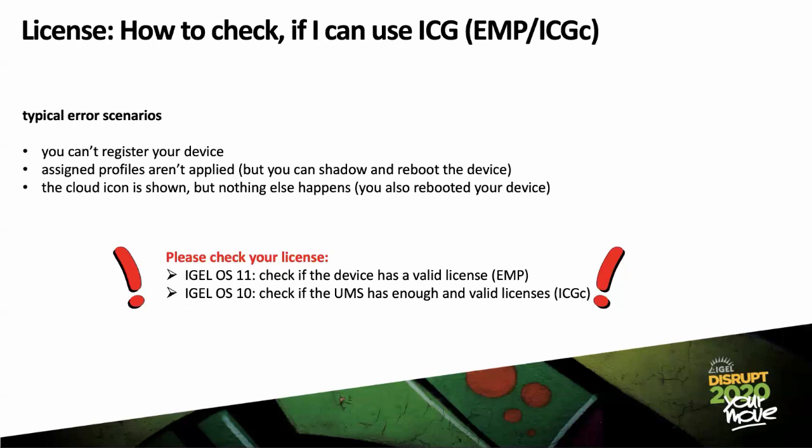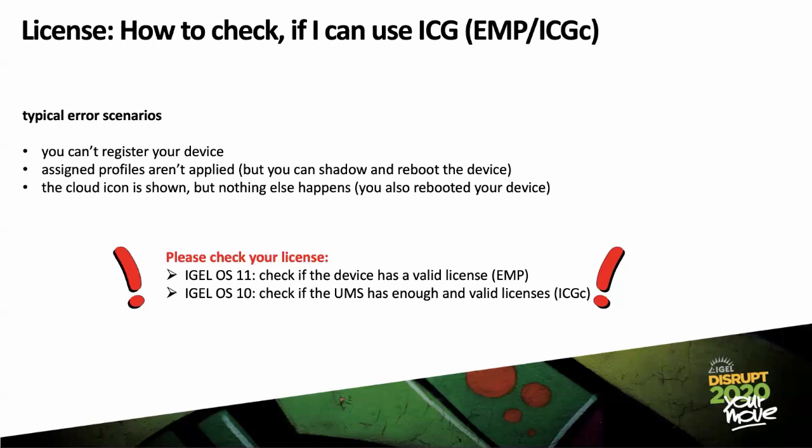With OS 11, you need to have a device license, which we call EMP, the Enterprise Management Pack. So for all devices which are connecting via ICG, you need one EMP per device. If you're still running OS 10, which is fine, you have to check if the UMS has enough valid licenses regarding the ICG connection license, because this is a UMS license.